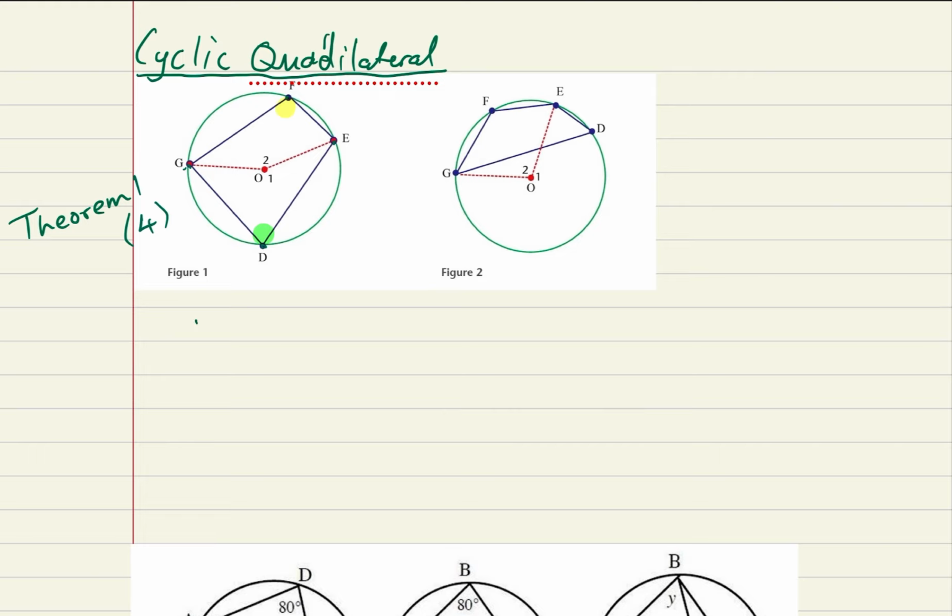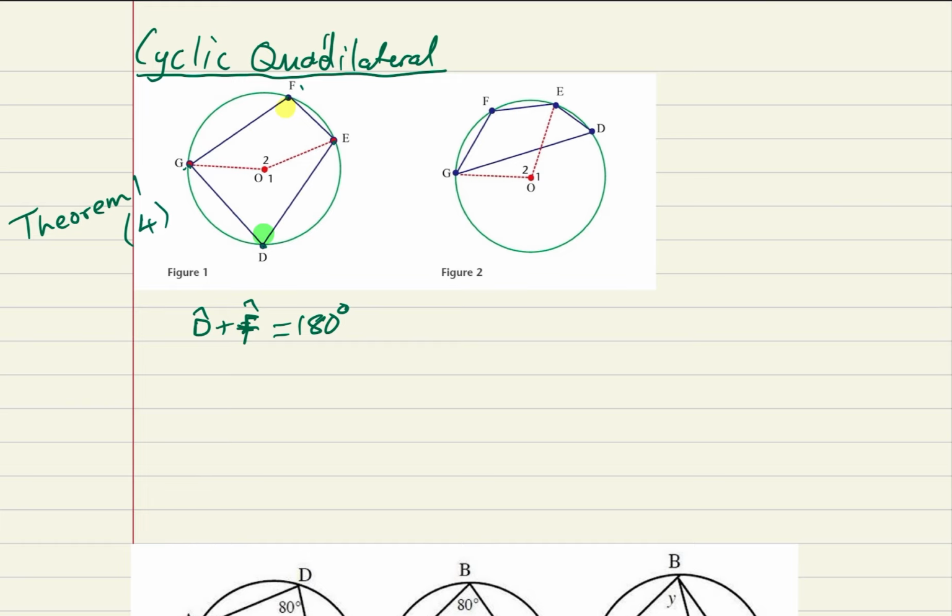It says angle D plus angle F equals 180 degrees. That is angle F, right? Yes.